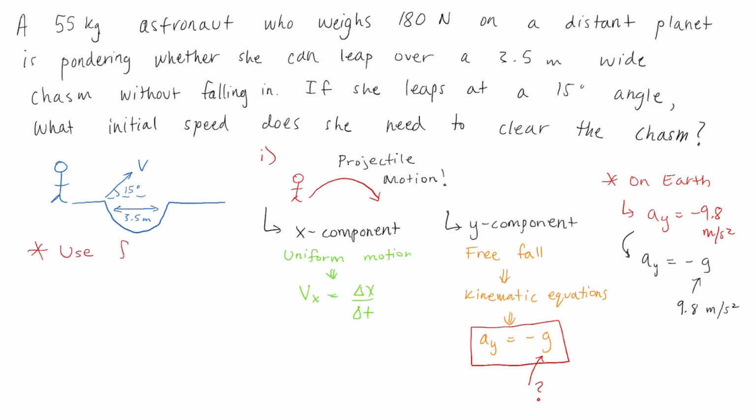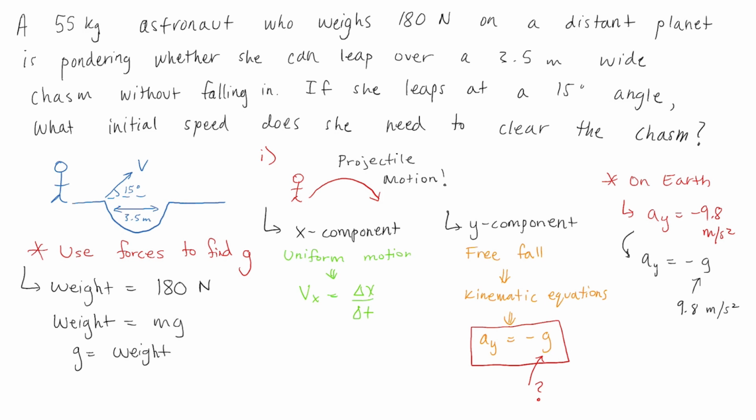But we can use forces to find g. We were told that the astronaut's weight is 180 newtons, and we know weight is equal to mg. If we rearrange this equation, we can see that the acceleration due to gravity is equal to the astronaut's weight divided by their mass.